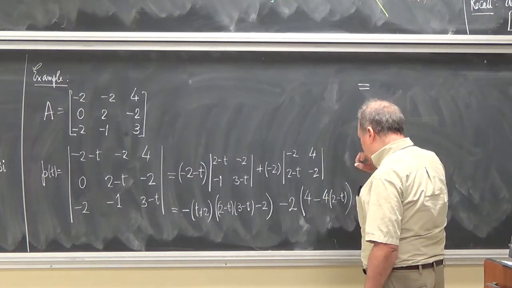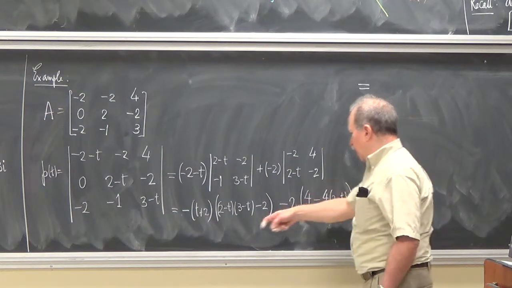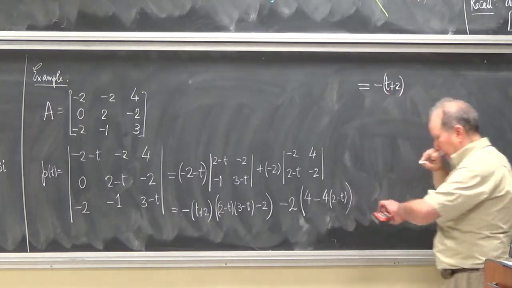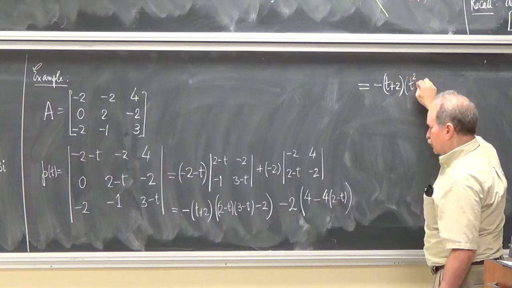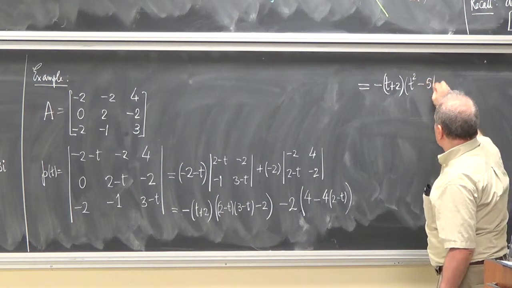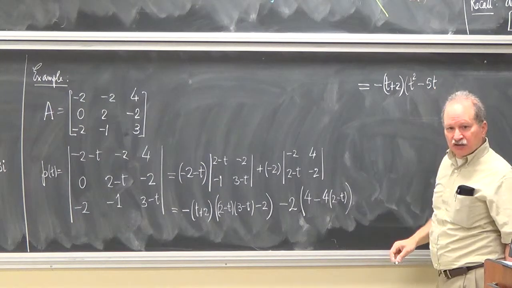I don't see anything obvious to do here yet. I mean, we could pull out a 4, but what happens here? So t squared minus 5t plus 4 plus 6 minus 2, plus 4.